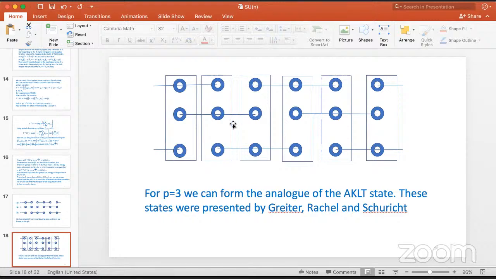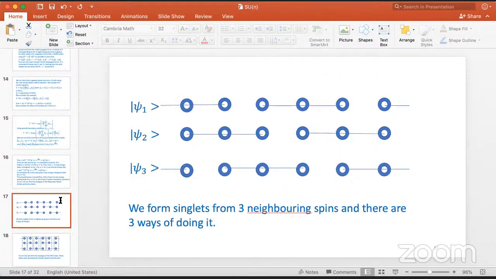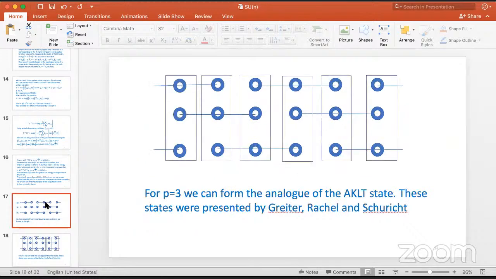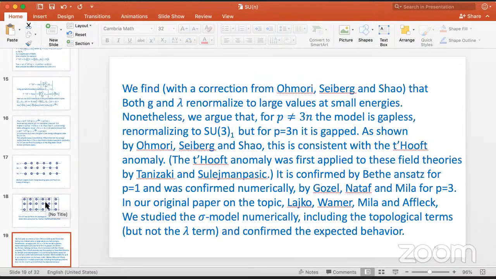So for p equals 3, we can form the analog of the AKLT state, which is translation invariant, and we expect it to be gapped. But for p equals 1, this is a possible broken symmetry state, but we also expect to get non-broken symmetry states.